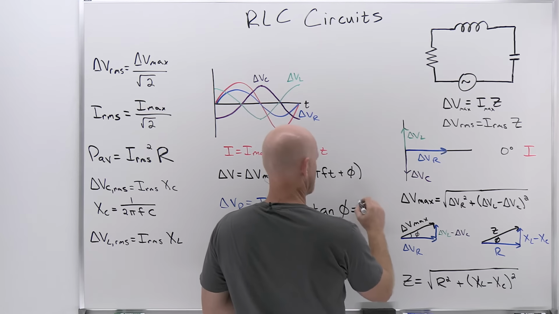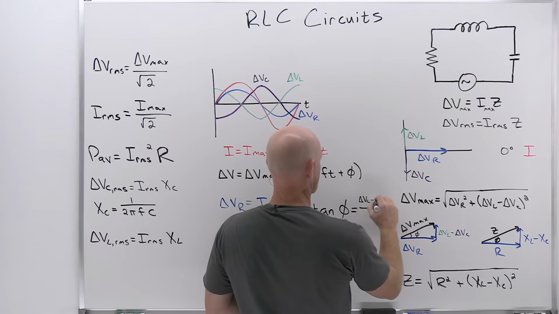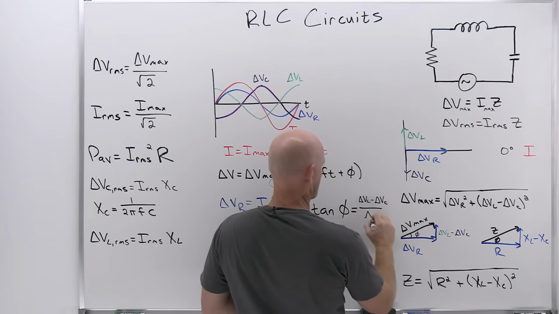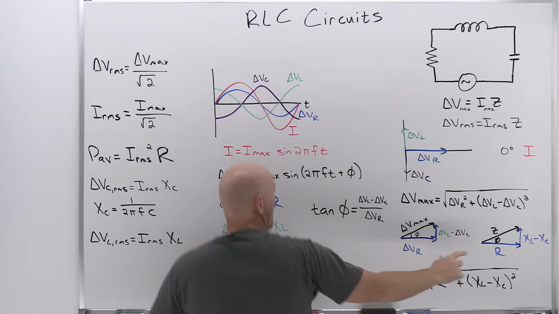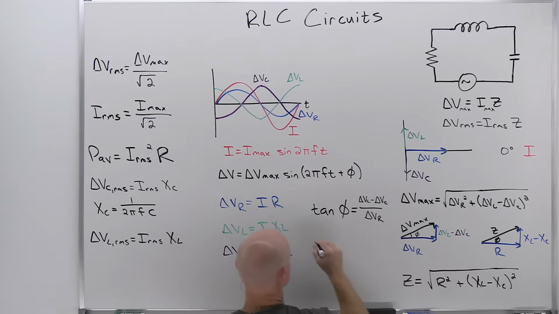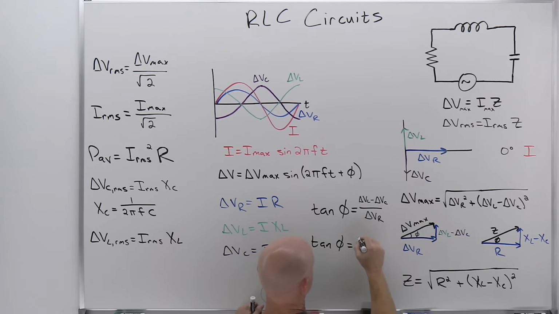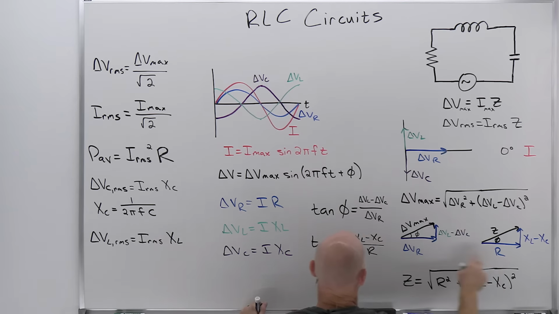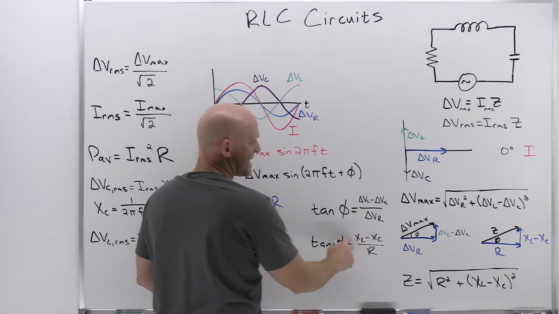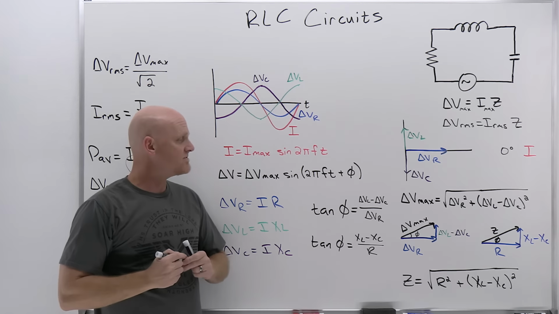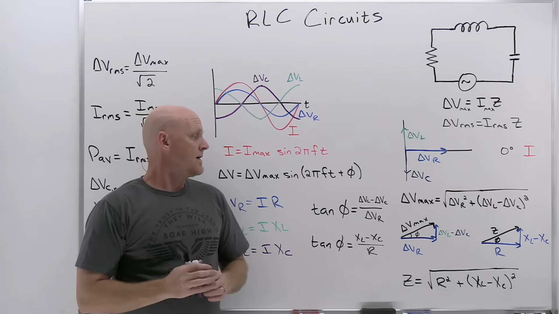So in this case, it could equal delta VL minus delta VC over delta VR. Or you could look at it from this perspective as well and say that tangent of phi is equal to XL minus XC all over R as well. So y component over x component. And so then you could take the inverse tangent of that ratio to figure out what that phase angle is.